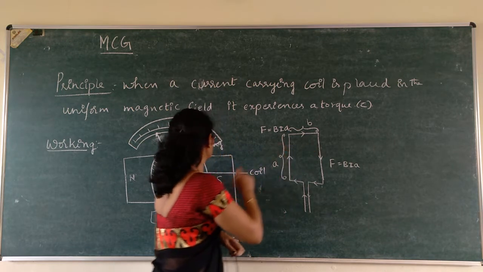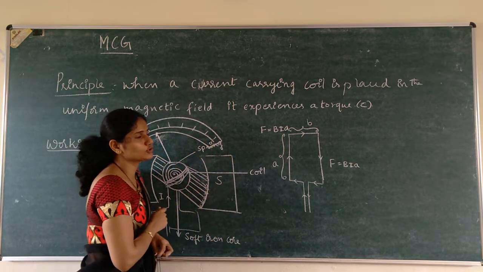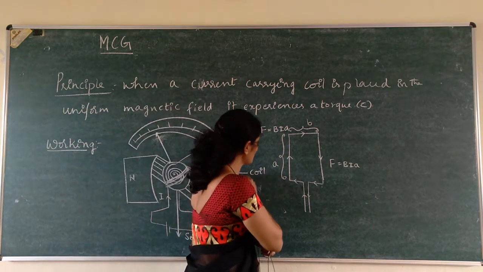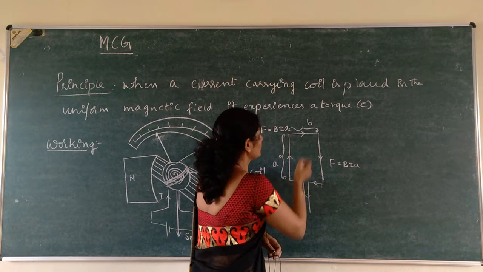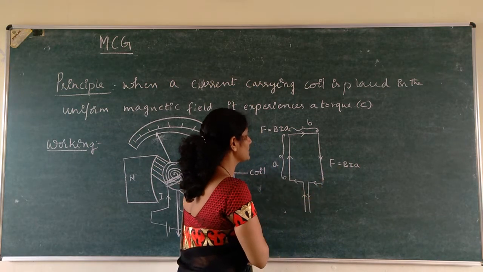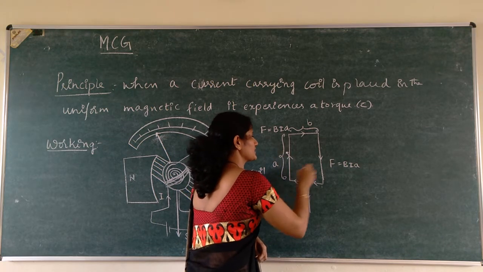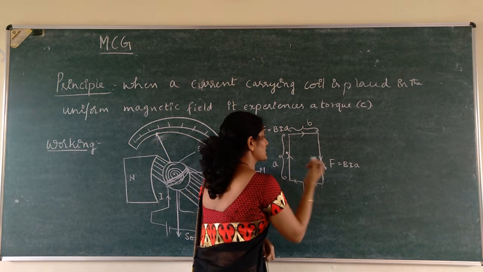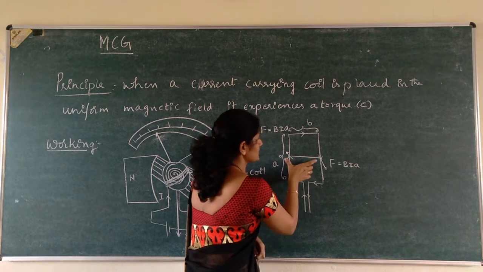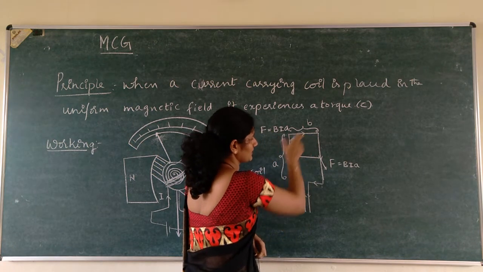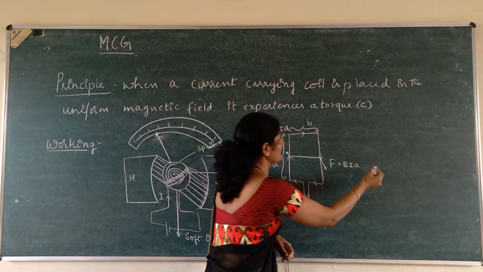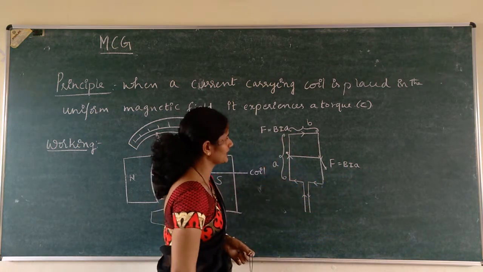Okay. So this coil is parallel to the magnetic field. What is the direction of force? On this arm, the force is acting in this direction. Here the force is acting in this direction. So the perpendicular distance between them is nothing but B. So F is equal to BIA, here also F is equal to BIA.